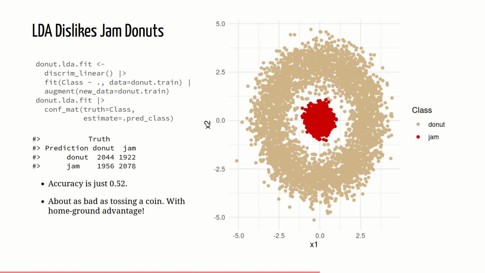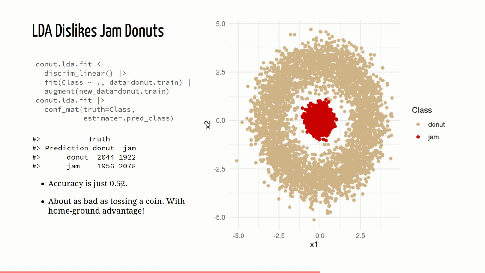And of the 4,000 jam observations, just over 2,000 it got right, and almost 2,000 it got wrong. So it's essentially tossing a coin, right? It's doing very slightly better than tossing a coin, but only very slightly better, and that's with home ground advantage. Okay, so LDA does extremely poorly if those strong assumptions don't hold.